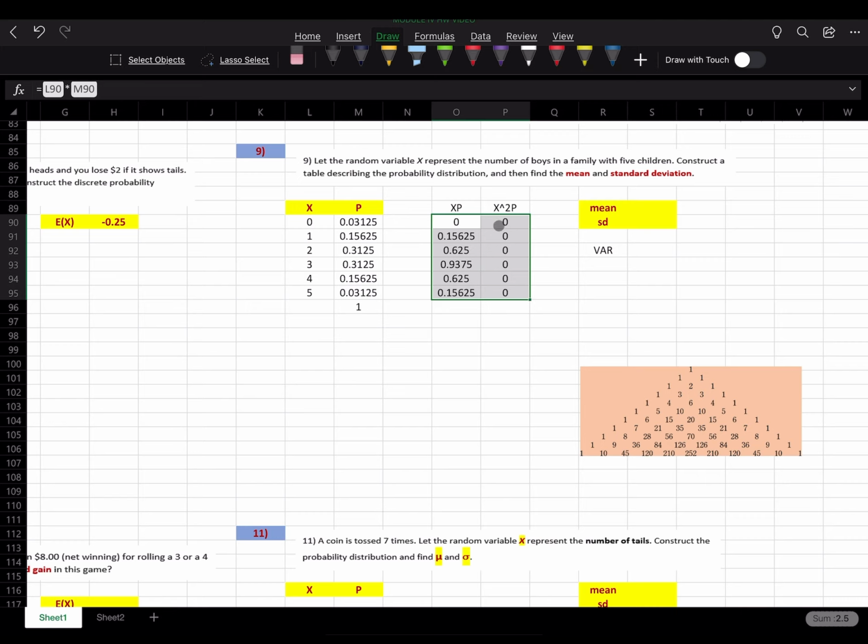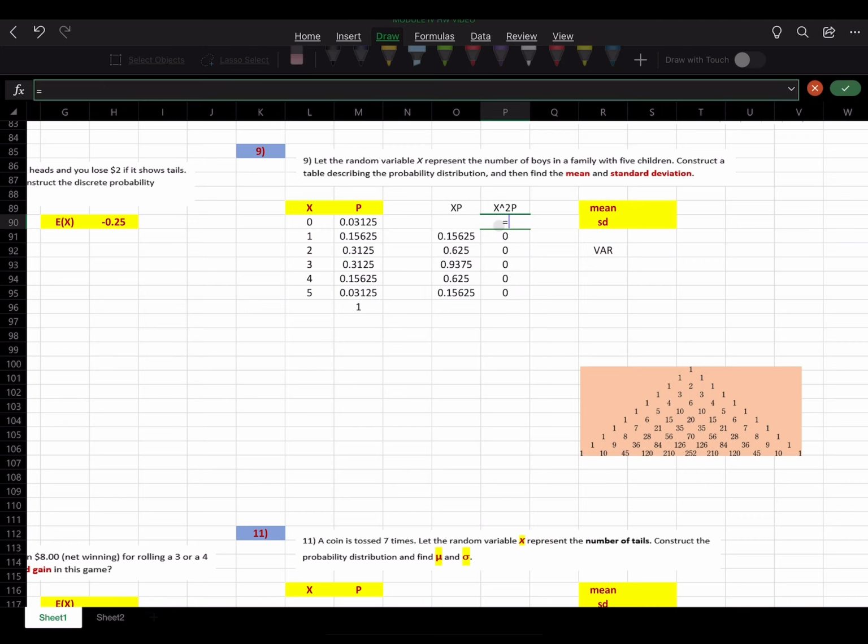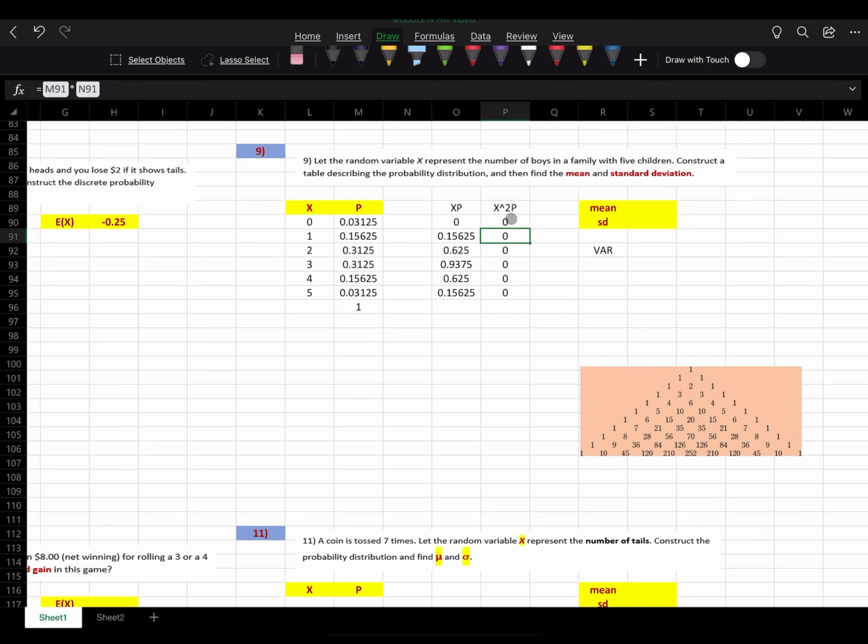It didn't work out for x squared p's, so I'm going to try this again. X squared times p. And let's drag that down. Hopefully this time it will work. Yes, it works. And this one is correct. Yes, so let me add these together.